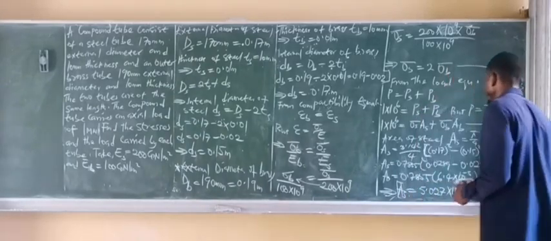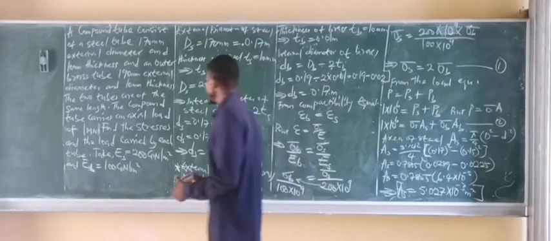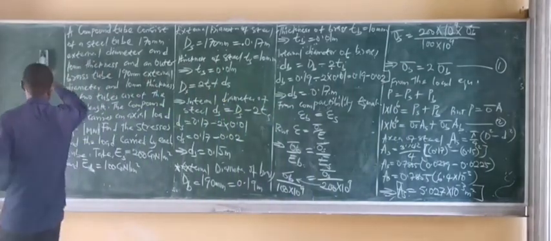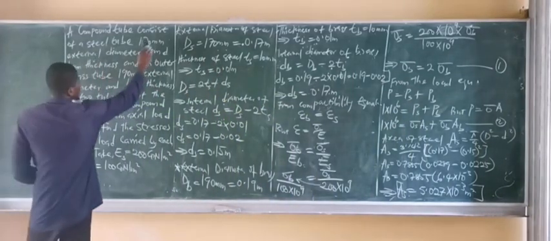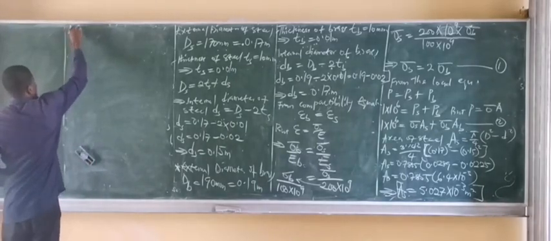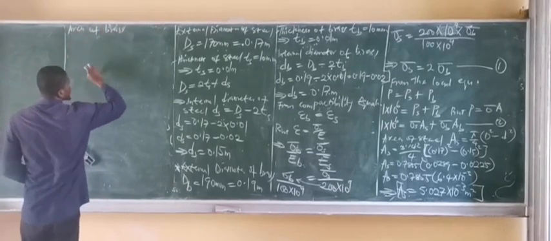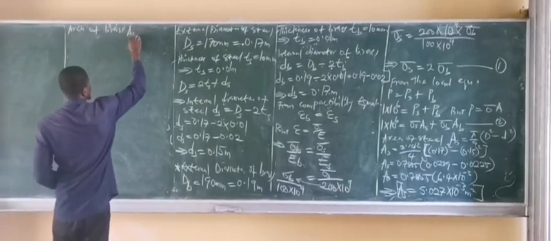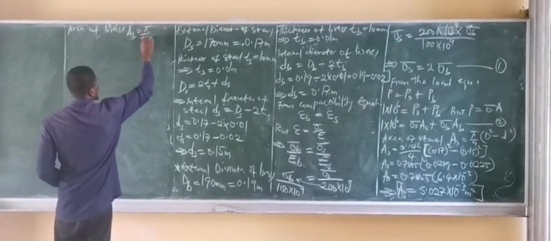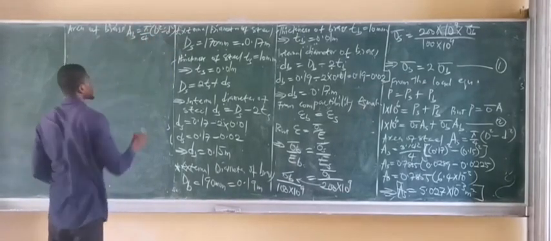So we also now obtain the area of the brass. Area of brass, A_B, is also pi over 4 times external diameter square minus internal diameter square.